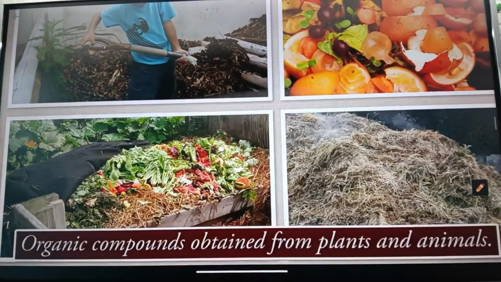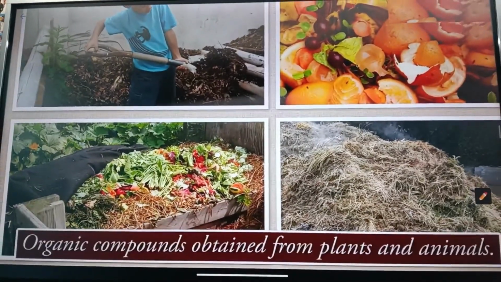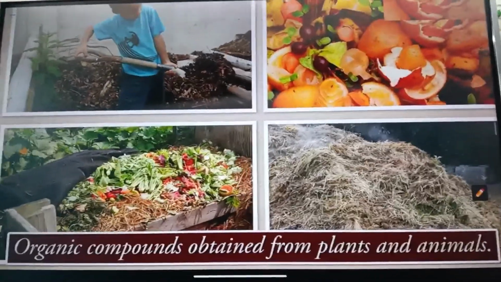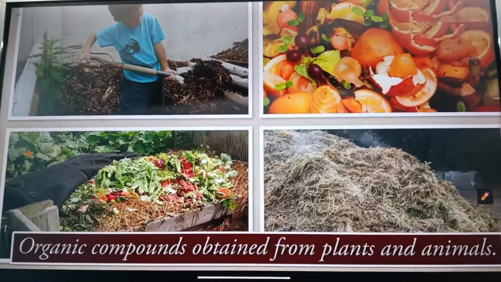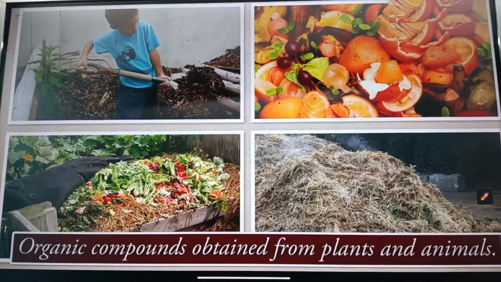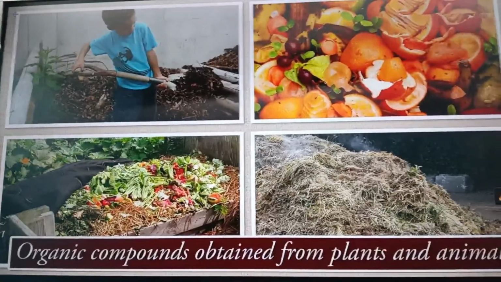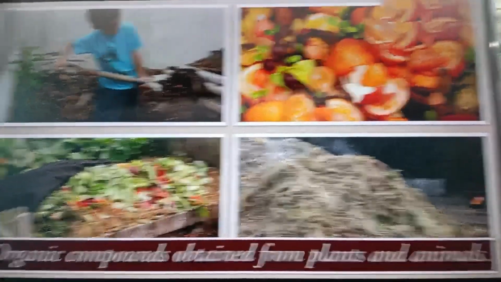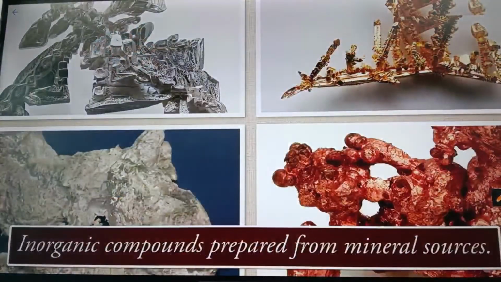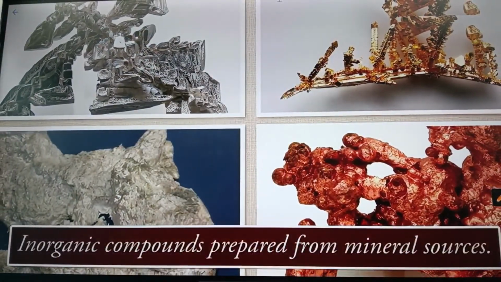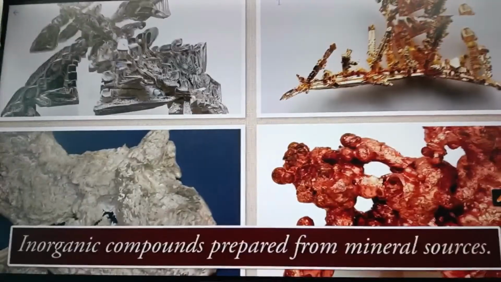Around the year 1780, chemists began to distinguish between organic compounds obtained from plants and animals and inorganic compounds prepared from mineral sources.